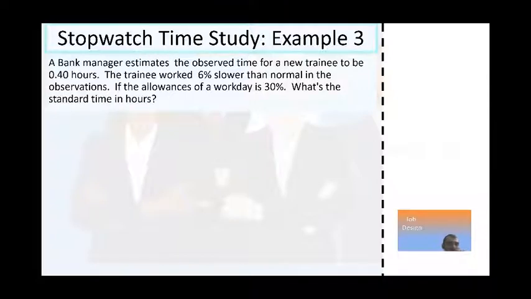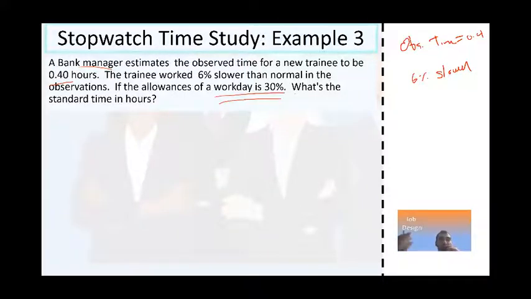So we have a bank manager that has figured out what the observed time is. In this case, it's 0.4 hours. And we know that the trainee works 6% slower than normal. Allowance workday, this is very important.